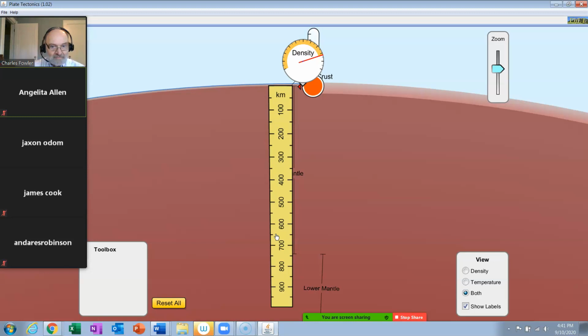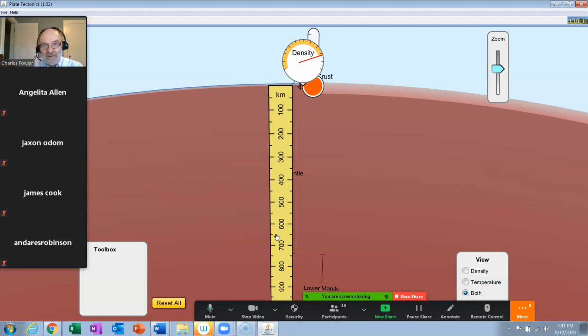Everybody got it? And remember, y'all can go through and play with this too and answer it on your own. I'm just showing you how to do it. Yes? Will you repeat it one more time? I'm sorry. What, the thickness of the upper mantle? Yes, sir. I would say between 700 and 750 kilometers.